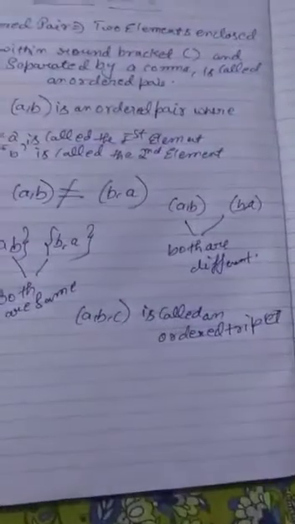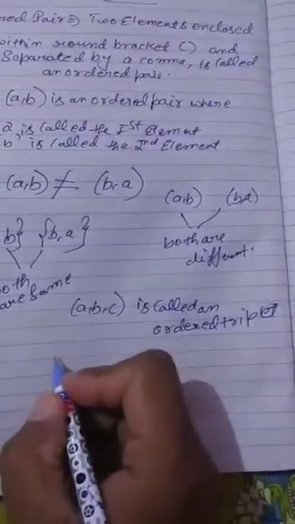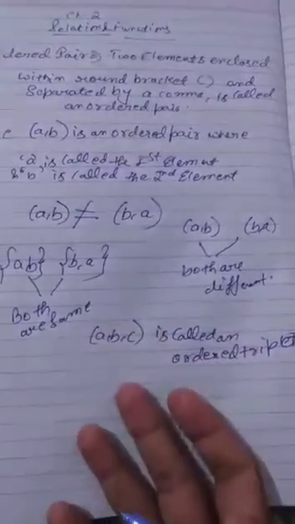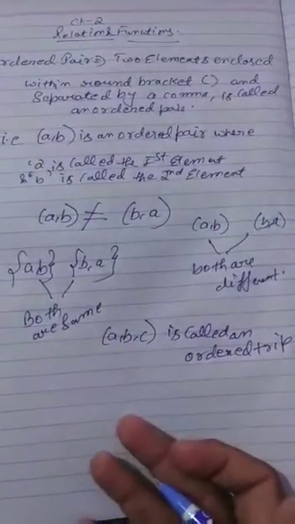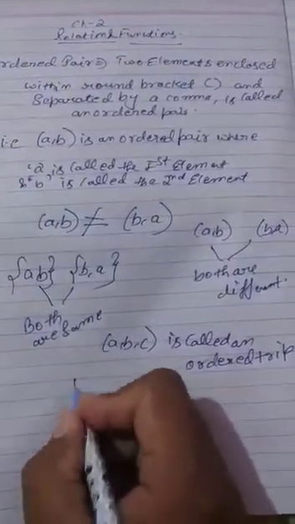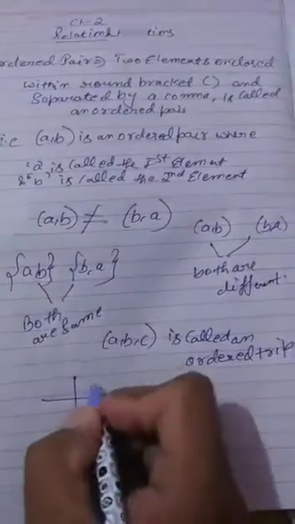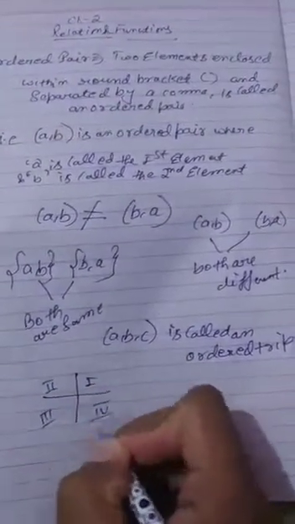So why are A comma B and B comma A different? In previous class 10, you have seen simultaneous linear equations, or pair of linear equations, or graphical representation, where you have seen quadrants. This was first, second, third, and this is fourth.